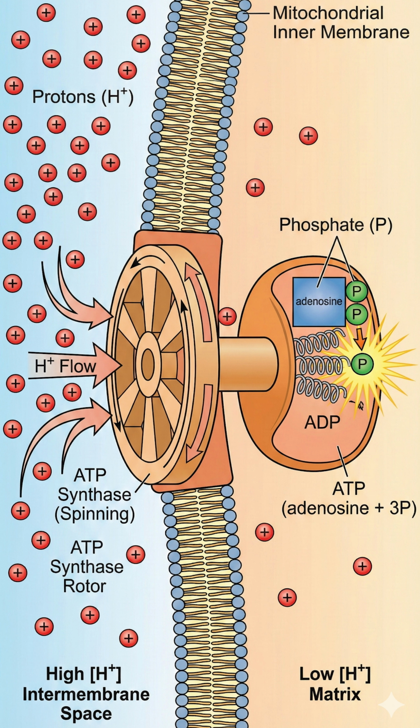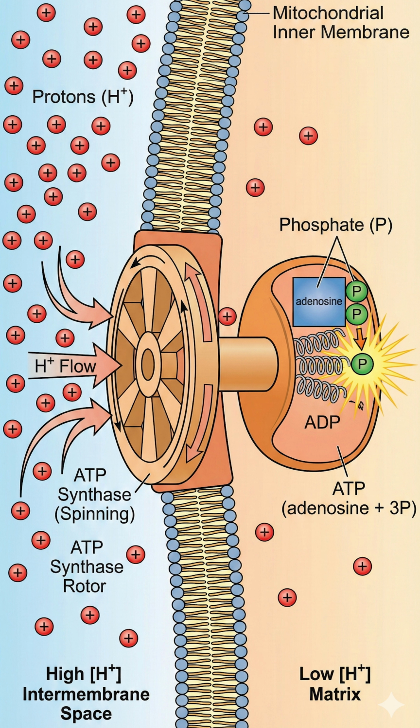The mechanical force is generated through ATP synthase. ATP synthase is a little turbine that sits within the inner membrane of your mitochondria. On one side of the membrane is protons, and on the other side, there aren't. And that's a proton gradient.